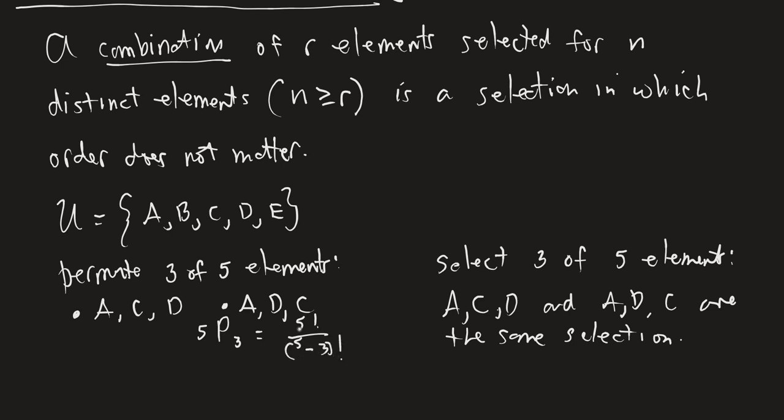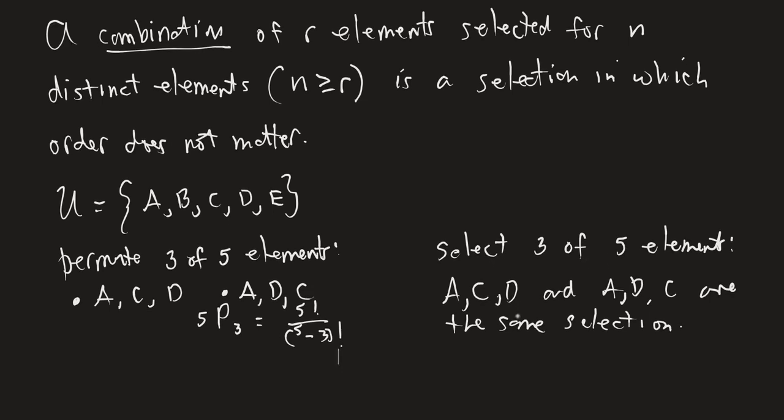What we want is a similar formula that will answer the question: if we were just treating them as selections, how many 3-element selections could I form out of these 5 elements? All right, let's think about this.